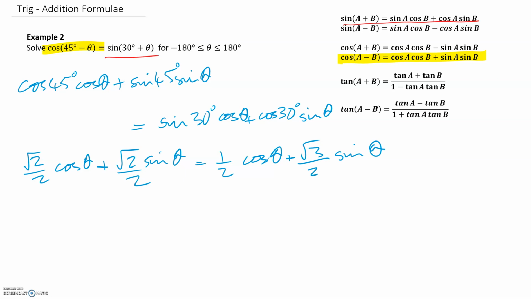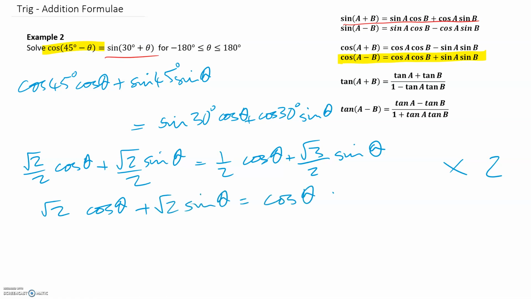Now I've got lots of fractions there, which is a bit of a pain. So as usual, we want to get rid of the fractions. So we can just multiply everything by 2, and we've got root 2 cos theta plus root 2 sine theta equals cos theta plus root 3 sine theta.